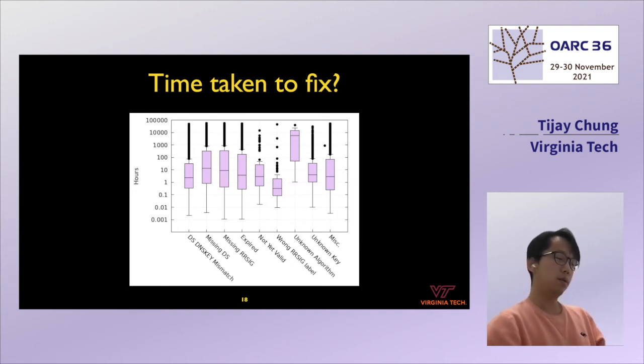The longest is the error where the algorithm number is not defined in an RFC, so it is rarely fixed. After that, the missing DS record is the second-ranked error that takes the longest time.